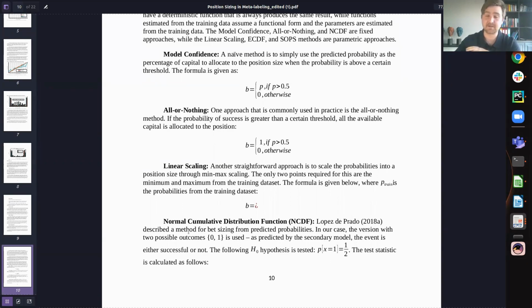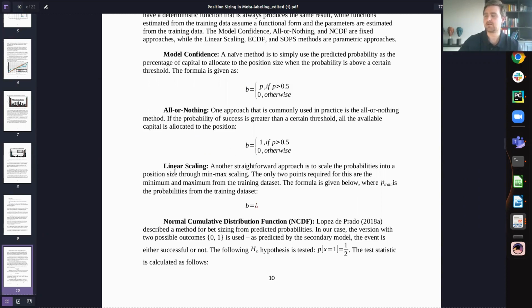This is a technique also proposed by Prado. These methods are fixed position sizing methods, and when you apply calibration to them, it works quite well in increasing the Sharpe ratio, as well as reducing other metrics such as the maximum drawdown.